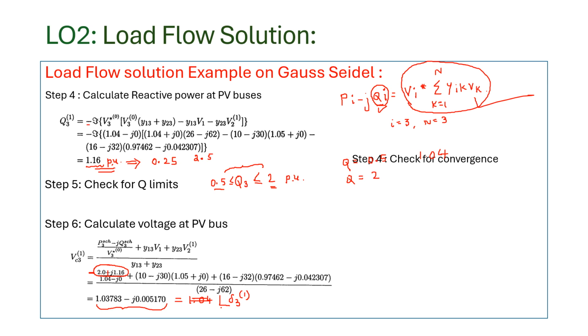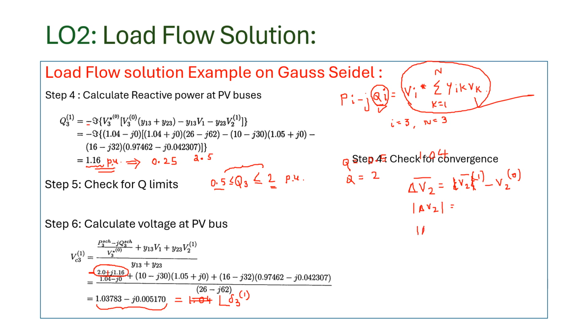As already told, we find the difference vector, delta V2, which is equal to V2 calculated at the first iteration minus V2, and we can calculate the magnitude of this difference vector.